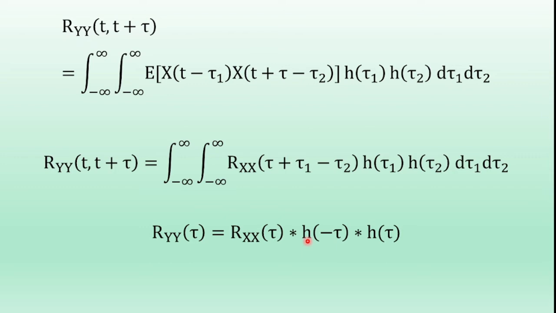The second condition, evident from this equation, is that the autocorrelation function of the random process y of t is a twofold convolution of the input autocorrelation function with the network's impulse response. That is, Ryy of tau is equal to Rxx of tau convolved with h of minus tau, convolved with h of tau. So this is the concept of the autocorrelation function of the response y of t.